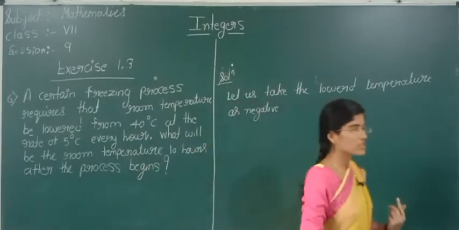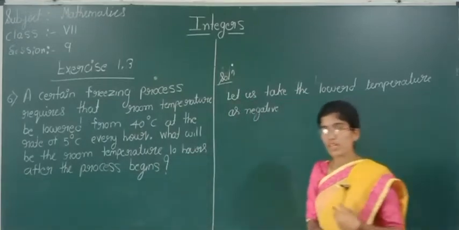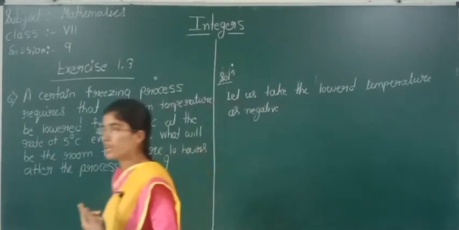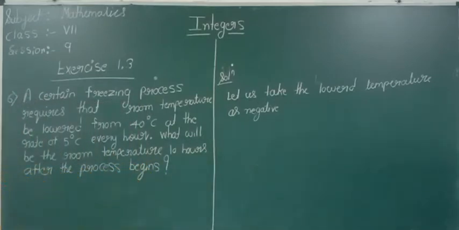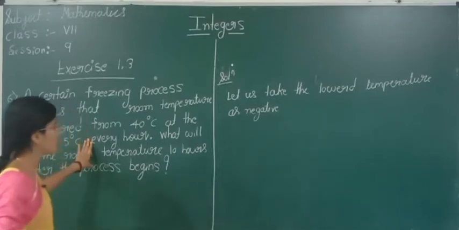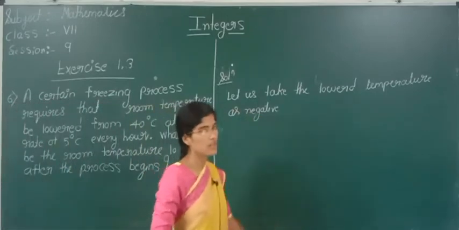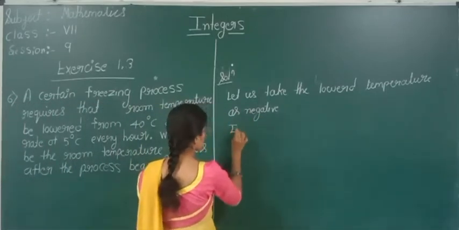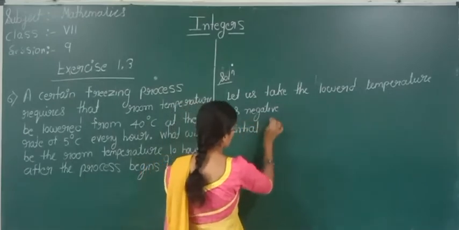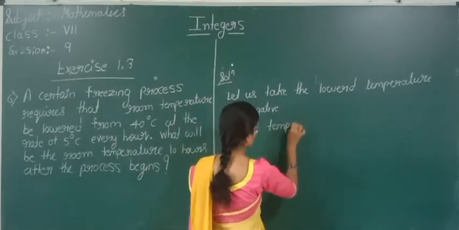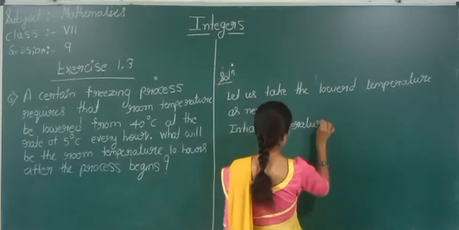If the elevator is going down, we took the distance as negative, right? In the same way, here the temperature has been lowered, that's why we are taking it as a negative.